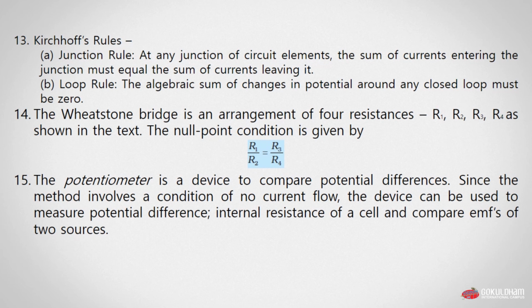First rule is the junction rule. At any junction of circuit elements, the sum of the currents entering the junction must be equal to the sum of currents leaving the junction.